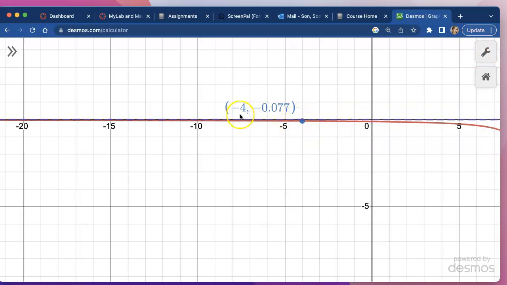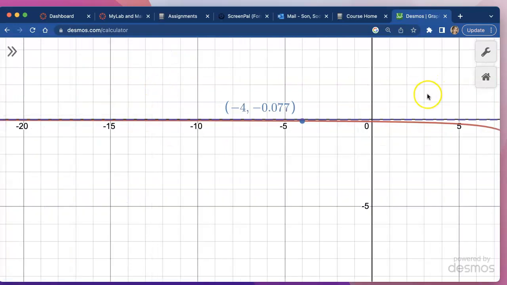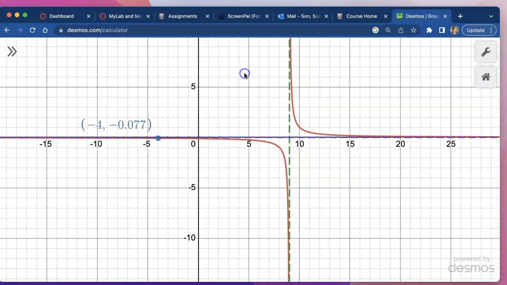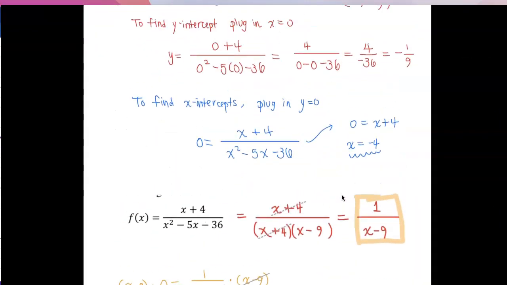We have this negative 4 and the hole right there, but it's not really on the x-axis. In fact, this function has a horizontal asymptote at y equals 0, so it doesn't really have any x-intercept. So that's what we got for part B.